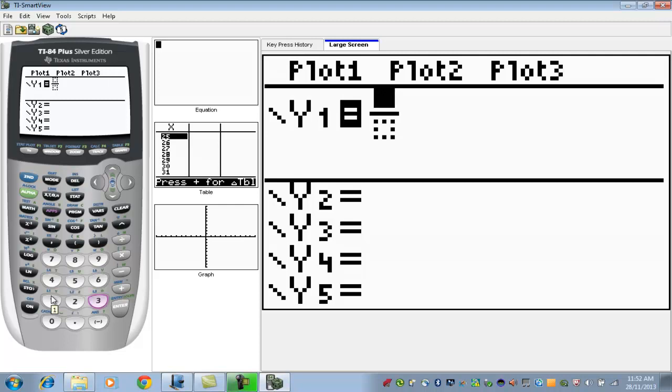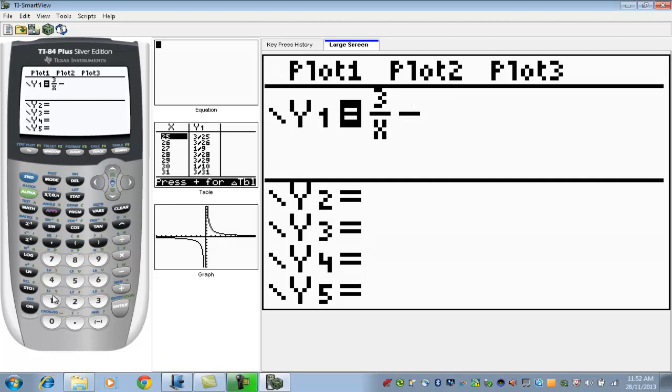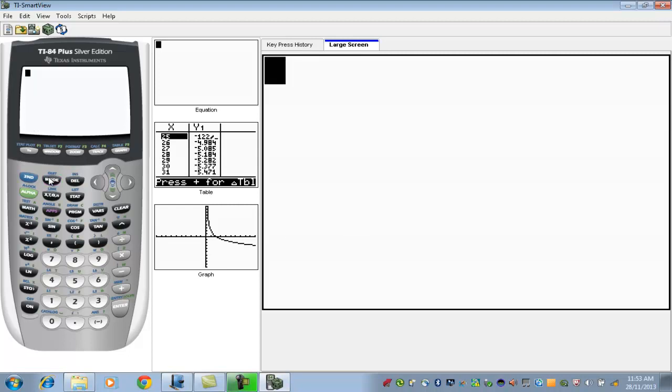In this case, we have 3 divided by x minus root x. So next, click second, quit.